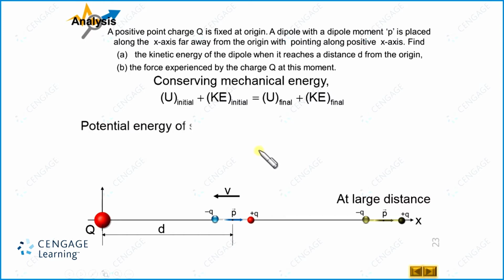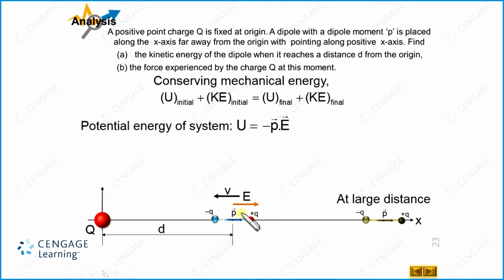Okay, so let us write the potential energy of the system. P is the dipole moment and E is the electric field at the center of the dipole because of this charged particle. As we know, this charged particle is positive. That means the electric field vector because of this charged particle at the center of the dipole should be in the rightward direction. So this is the E vector.